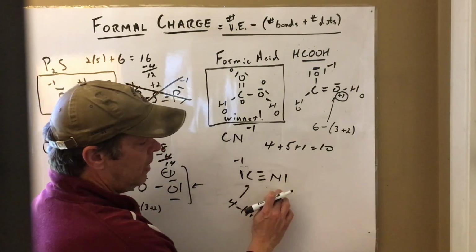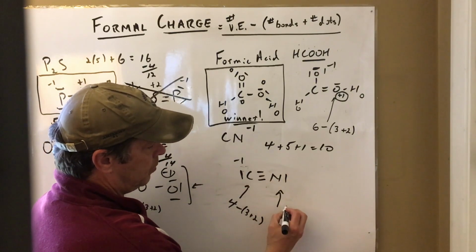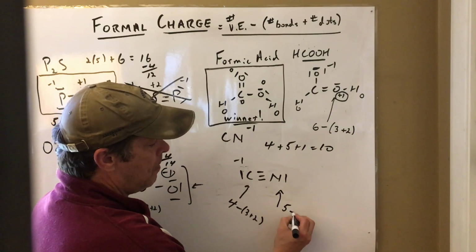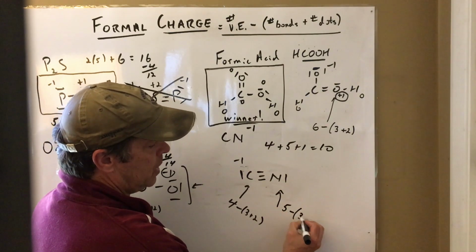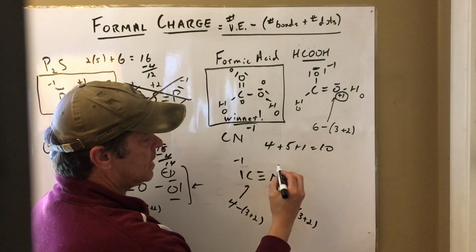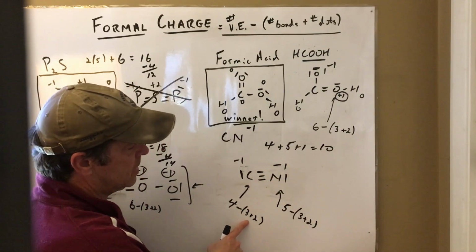And then this nitrogen is 5 minus 3 plus 2. So that's -1 as well. Now we need to go back to this.